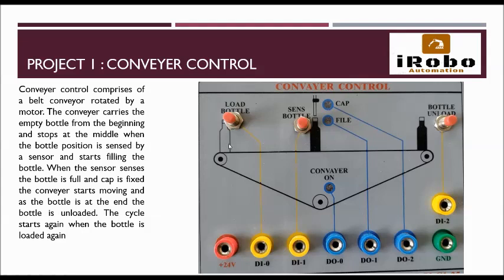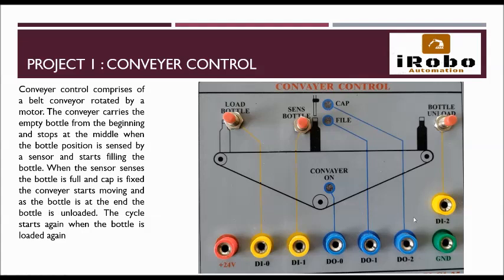To sense that, there is a sensor or switch here; when the bottle comes to the proper position, the conveyor belt is going to stop, then the filling process will be completed, then the capping process will be completed, and then the filled bottle will go to the end of the conveyor belt, and that completes one cycle. Okay, so this will be the problem statement, and this has three inputs and three outputs.